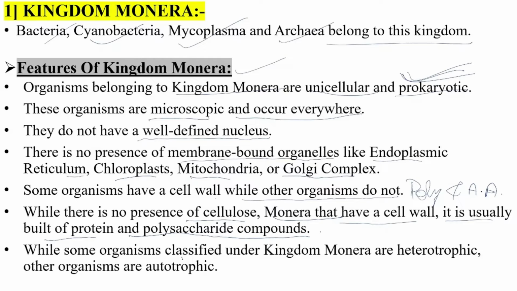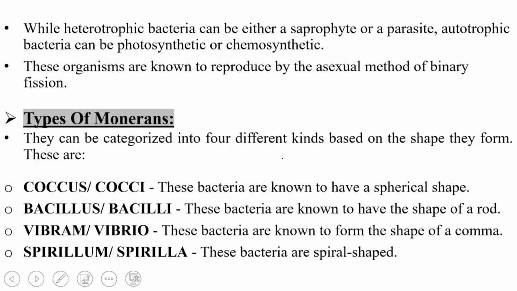While some organisms classified under kingdom MONERA are heterotrophic, other organisms are autotrophic. Heterotrophic bacteria can be either saprophytes or parasites. What is a saprophyte? The bacteria living on dead and decaying organic materials. And parasites depend on others for their food and nutrition.